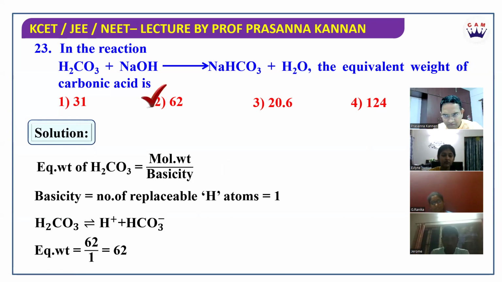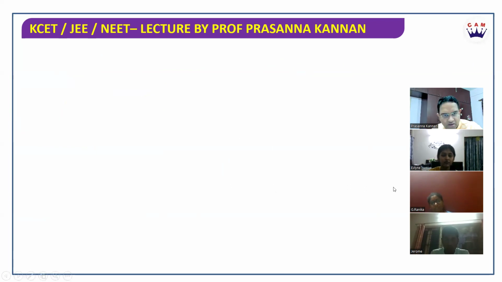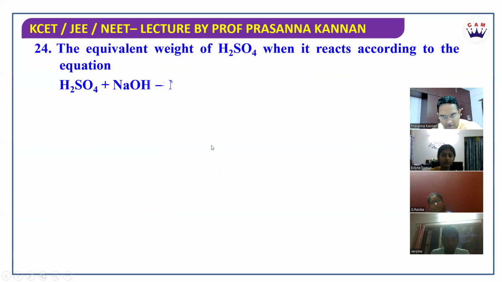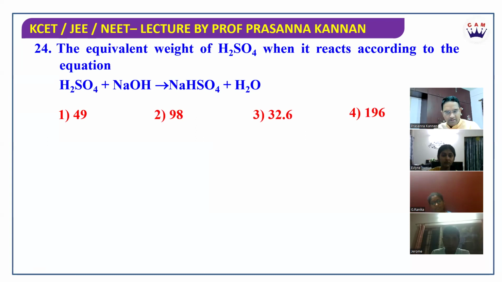Okay. Next question. Yes, Evelyn, you can answer this question now. 98, sir. Very good. Normal equivalent mass is molecular mass by basicity. And the moment you see sulfuric acid, what comes to your mind?